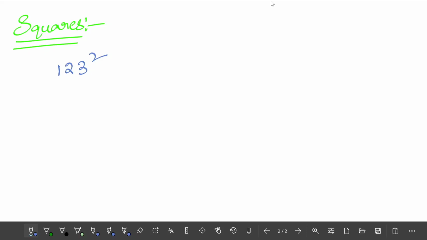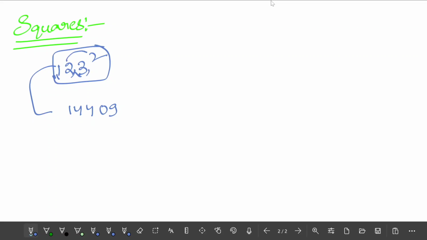Now, you have to do the partitions here. Sir, what kind of partitions? You have to consider this as a 2-digit number. Take 12 as a number and 3 as another number. Now, what is 12 square? Sir, it is 144. What is 3 square? Sir, it is 09. How many numbers do you see in the box now? Sir, 2 numbers. You already considered 12 as a single number, so 12 and 3 are 2 numbers.